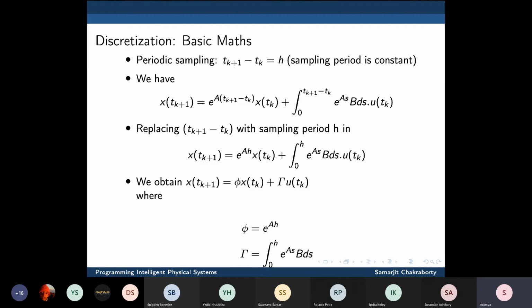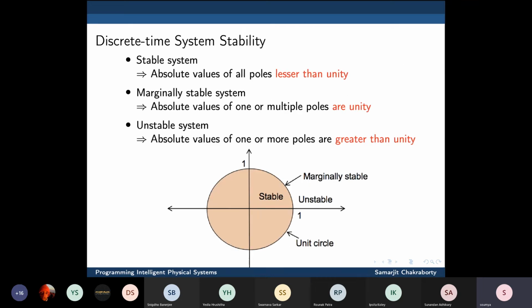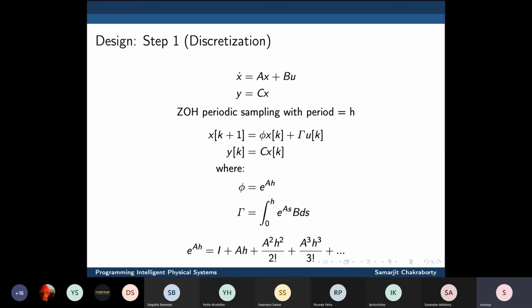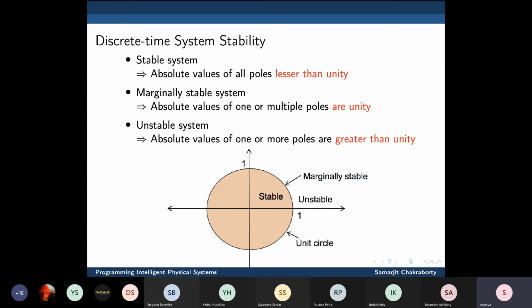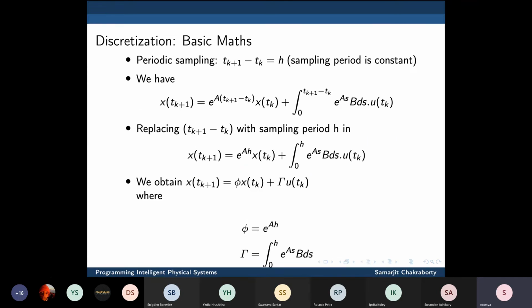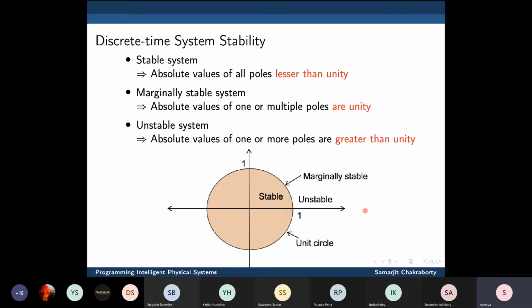Now, when I have this discrete time version of the original continuous time equation, all my ideas of control law design and everything, I can just keep on working on them in a similar way, because everything remains the same. The only thing is that I am working in the discrete domain instead of the continuous domain. What is going to change is stability.